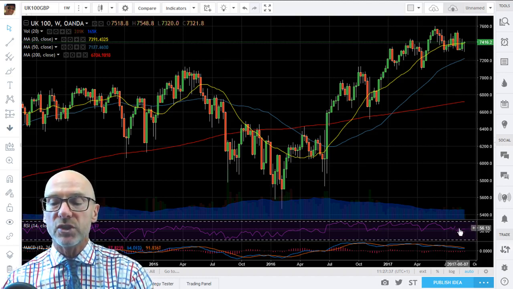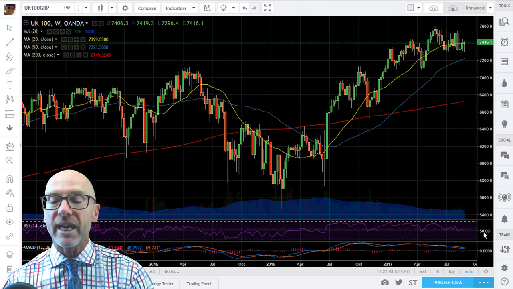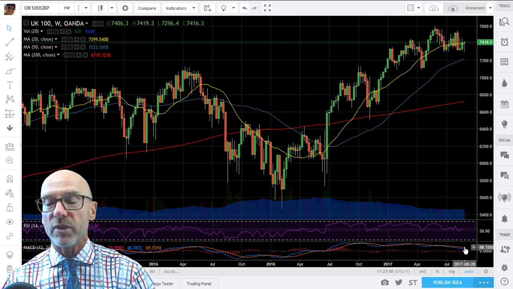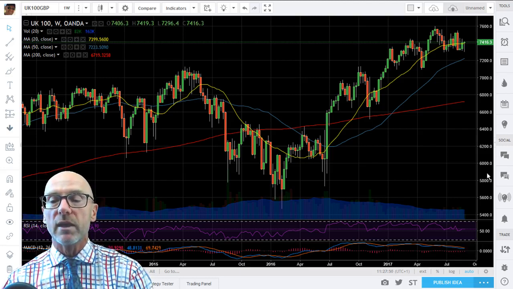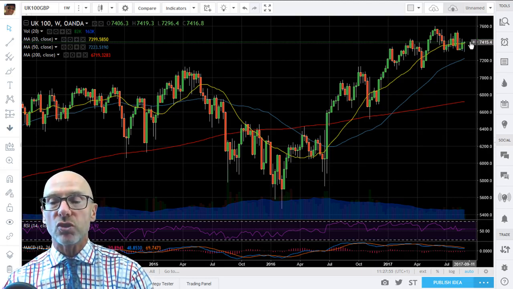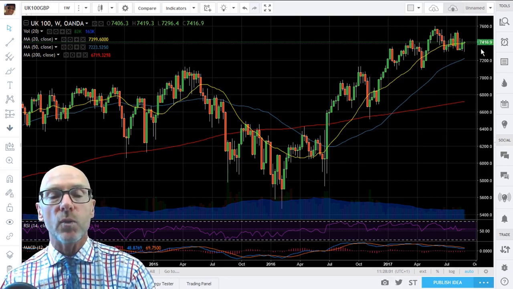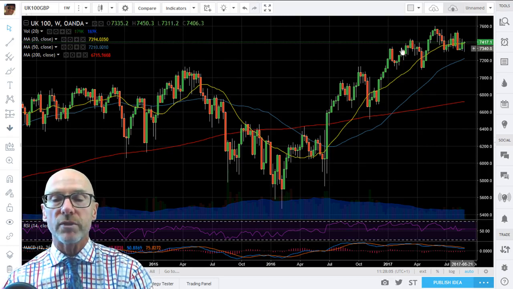Here we've lost a bit of upside momentum, but the RSI is still 53.89 and the MACD are kind of showing a bit of negative momentum as well. But as long as we remain above this 20-week moving average, which is a very strong support, that's okay. The 20-week at the moment, by the way, is virtually bang on 7,400.